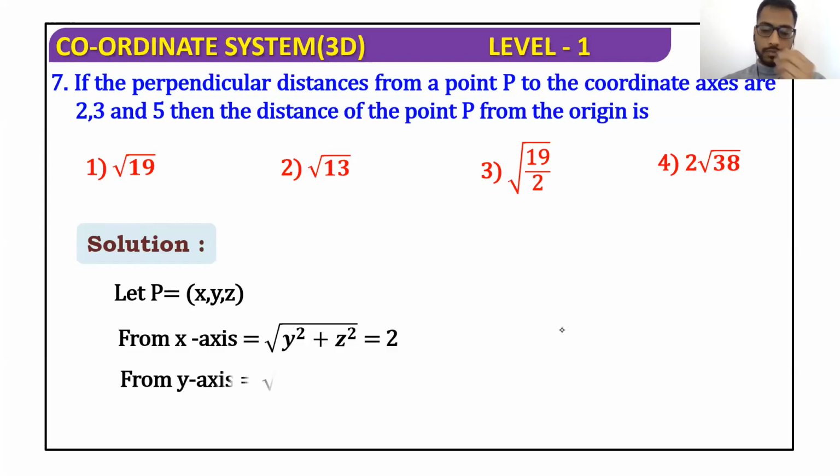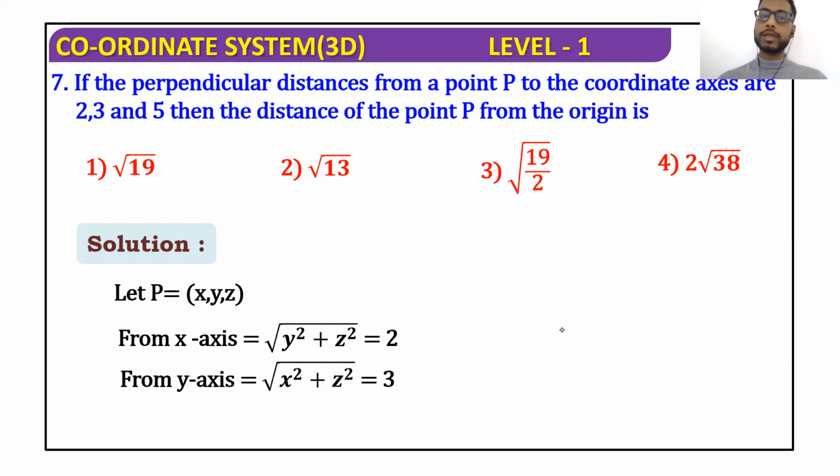Therefore, what I can say is the distance from my x-axis is nothing but under root y square plus z square. The distance from y-axis is nothing but under root of x square plus z square. And the distance from my z-axis is nothing but under root x square plus y square.